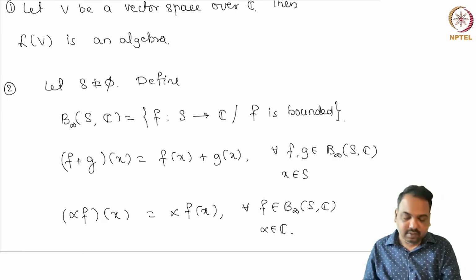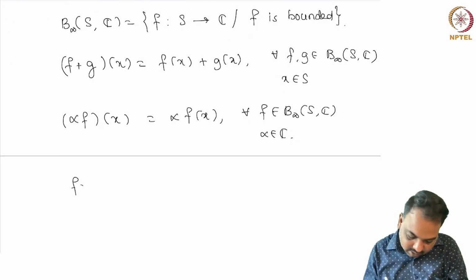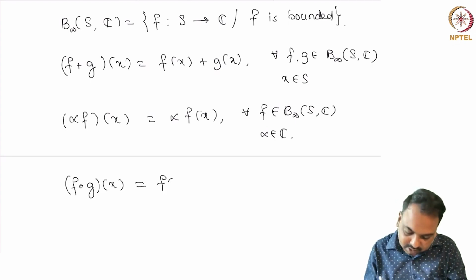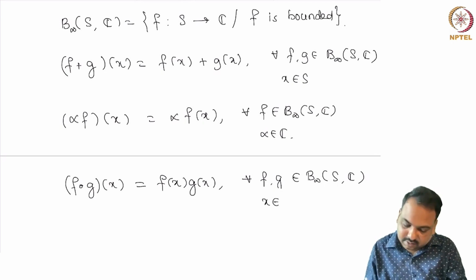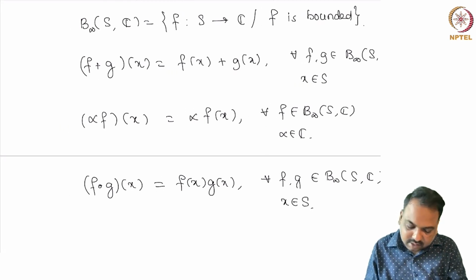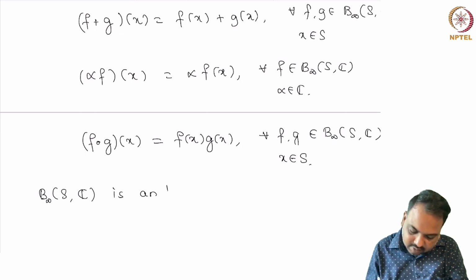With respect to these two operations, we can check that this is a vector space, and the multiplication we can define is F circle G. Here this is not composition, this is pointwise multiplication, for every x in S. Then we can easily check that this B infinity is an algebra with the above operations.